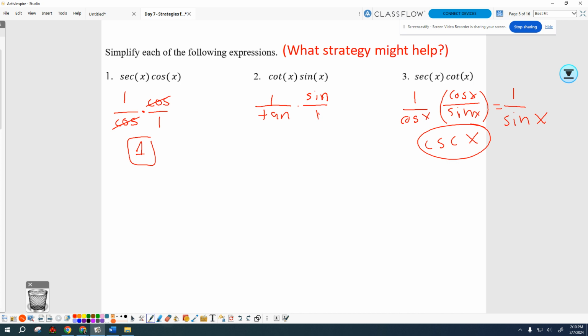So, hang on, let's turn cotangent into sine and cosine. Is cosine on top or the bottom? Cosine is on top. So just keep it as cosine, just cos x. Okay, thank you.